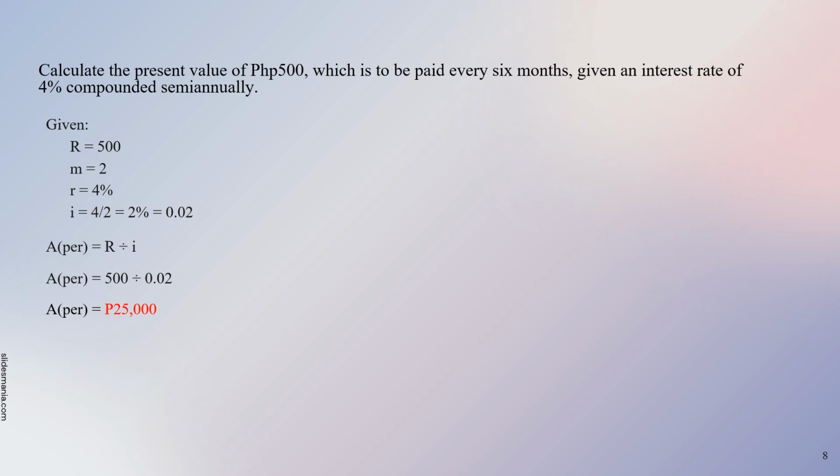Now, time to substitute all the amounts. So we have A per equals R divided by I. So we have 500 divided by 0.02. So we now have the present value of 25,000 pesos.